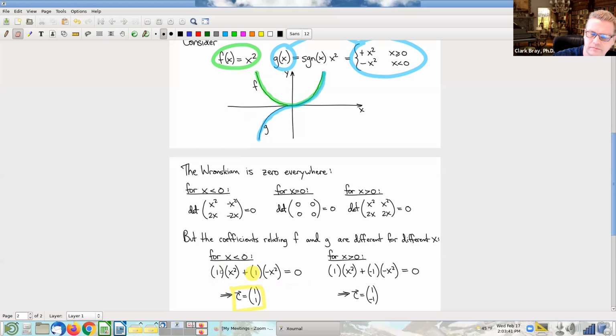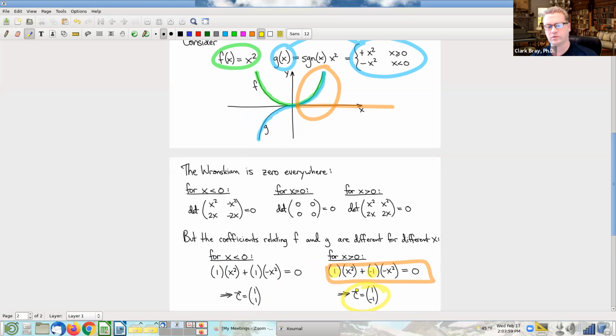However, you come over here to where x is positive. For these values of x, F and G are the same. That means that it is their difference that is 0. That means that the coefficients are 1 and -1. That says that this C vector is 1, -1, not 1, +1.